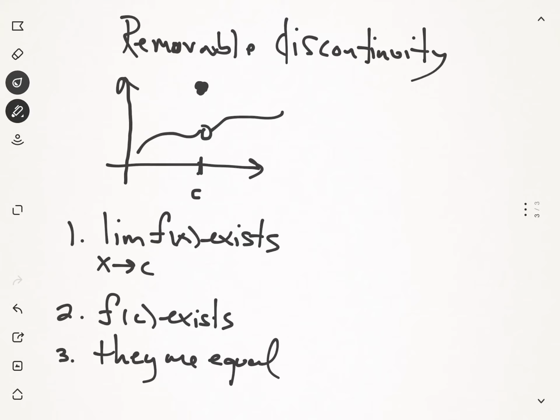So whether the function is defined or not has nothing to do with whether there is a limit, because all we're trying to do is approach the limit. So for number one, the limit of the function as x approaches c, does it exist? The answer is yes, it exists, because it's not required to be defined there. So this is true.